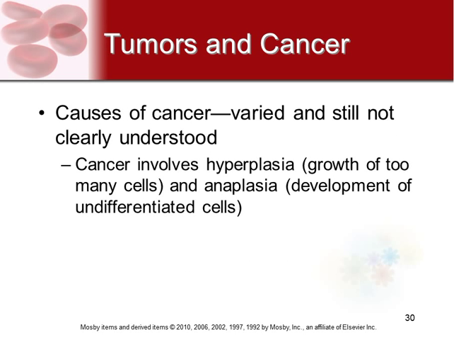So some causes of cancer. There are really a lot of causes of cancer, and they're varied and still not very well understood. What we know is that cancer involves hyperplasia. Hyperplasia means that too many cells are growing. And anaplasia. Anaplasia is when there's the development of undifferentiated cells. That means that they're not really normal and they're not clear anymore.